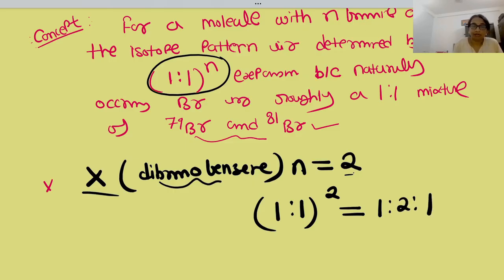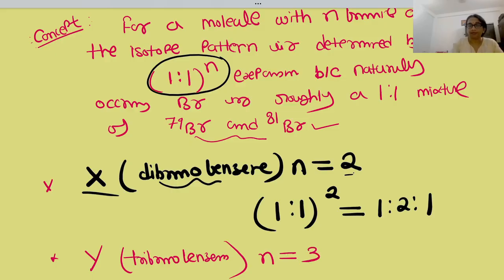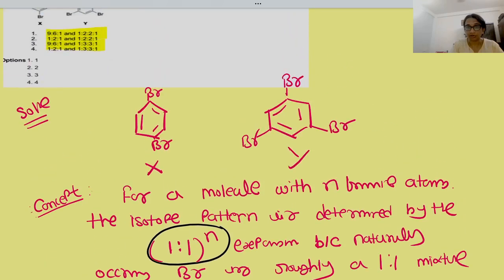Similarly, we can calculate for the other compound Y. Y is tribromobenzene, and the number of bromine atoms is 3, according to the structure given in our question.